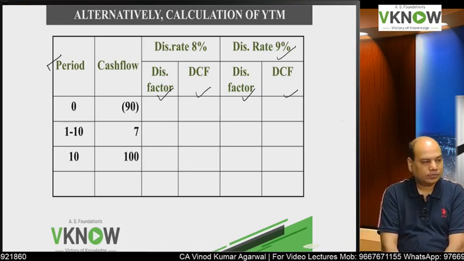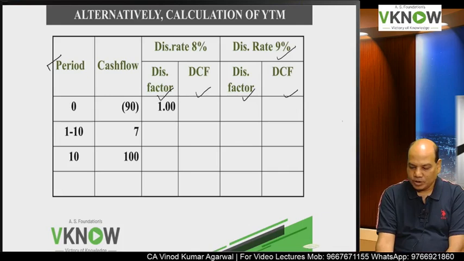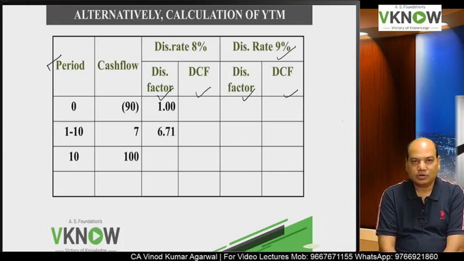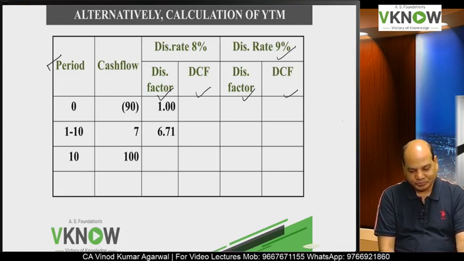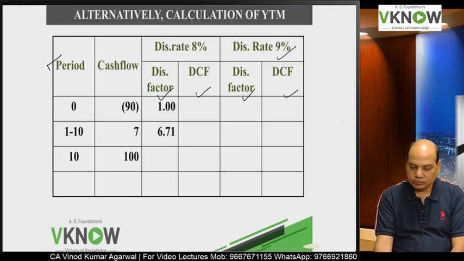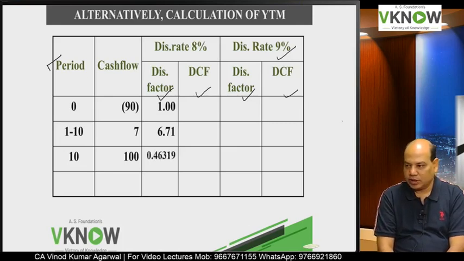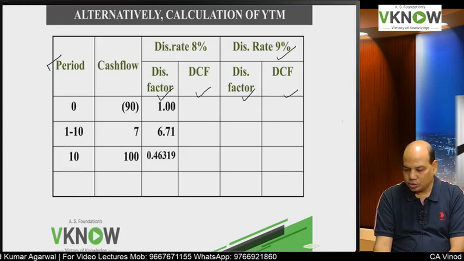Now solve. Use your calculator. Get the annuity factor for 8% and 10 periods. So it is 6.71. Try the next, 10th period factor 0.46319. Yes, Divya, please tell me the total of this column.